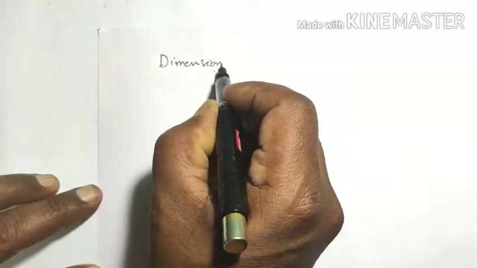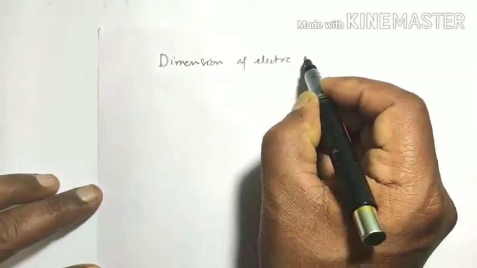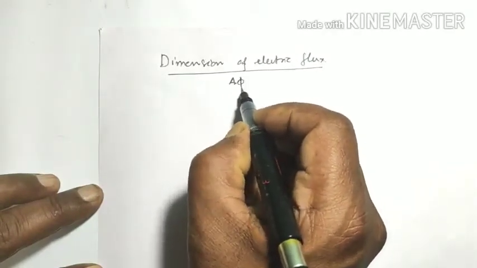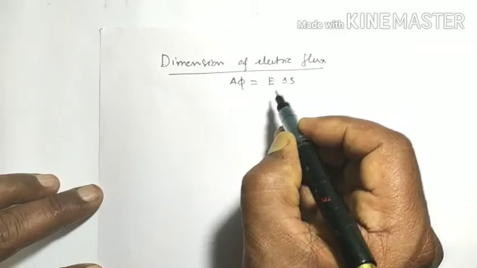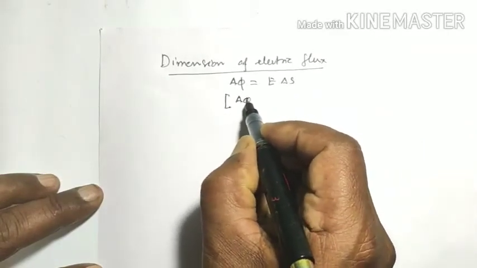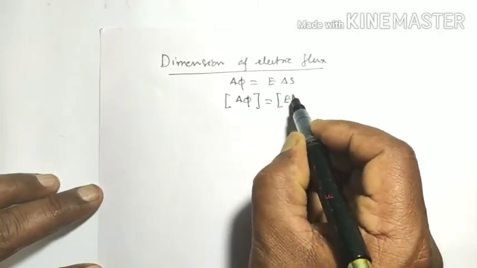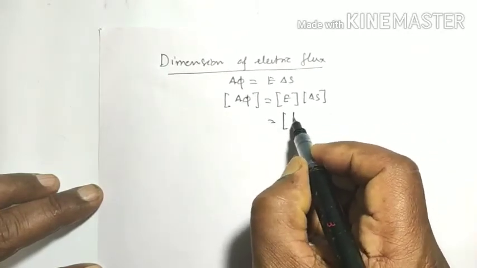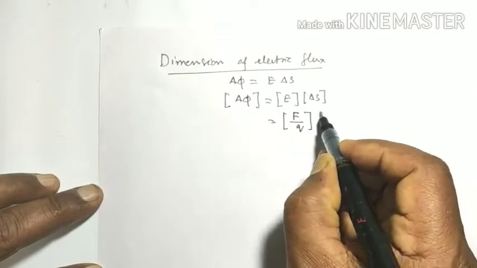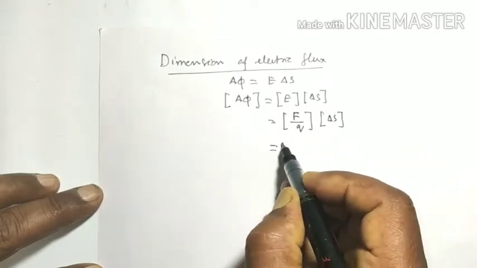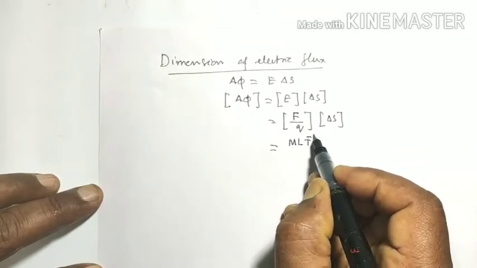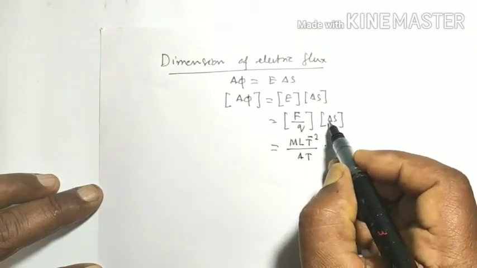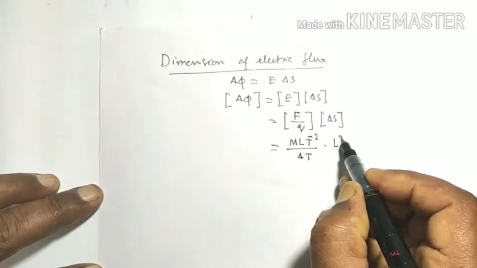Dimension of electric flux. So delta phi is equal to E into delta S. So dimension of delta phi is equal to dimension of E into dimension of delta S. Dimension of E is dimension of F by Q, into dimension of delta S. Dimension of force is M L T to the power minus 2, divided by dimension of charge, which is A T, and dimension of area is L square.